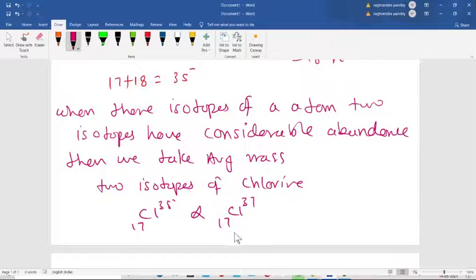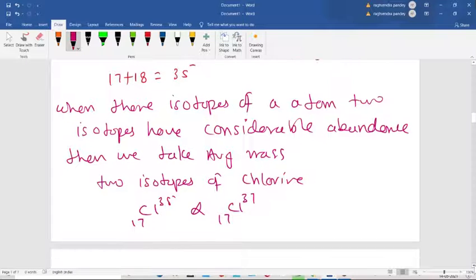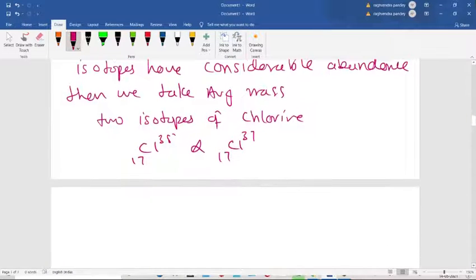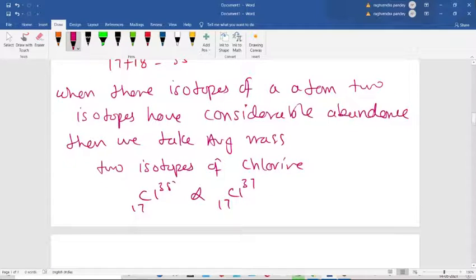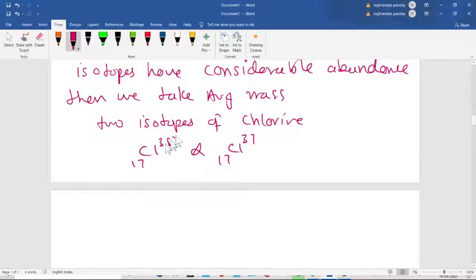In chlorine 35, there are how many neutrons? 18 neutrons. So 17 plus 18, 35. 17 protons and 18 neutrons.